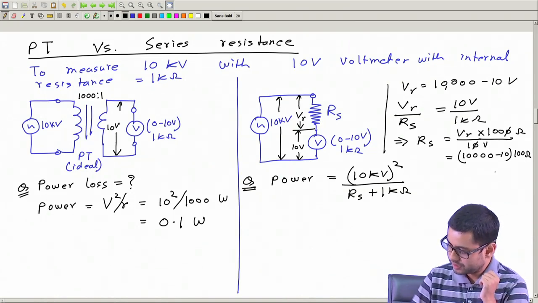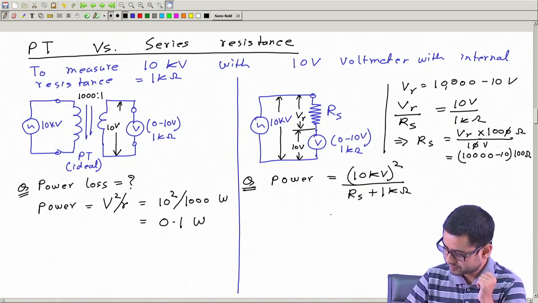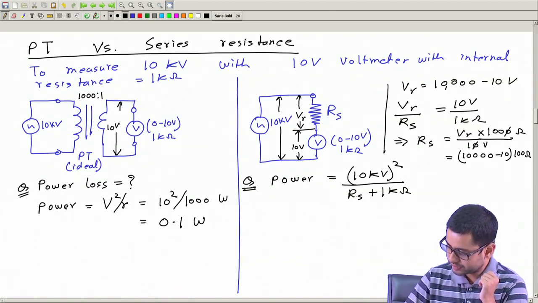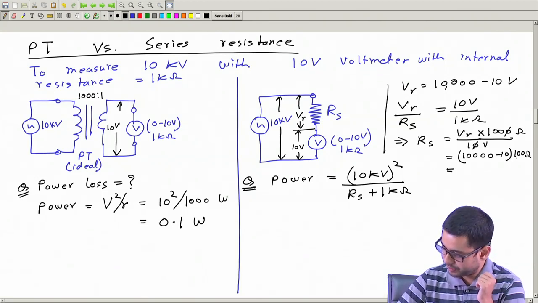So that's a huge one. Okay, now let's put this value. So this is becoming 10,000 multiplied by 100, this is 10,000 into 1000, minus 1000.